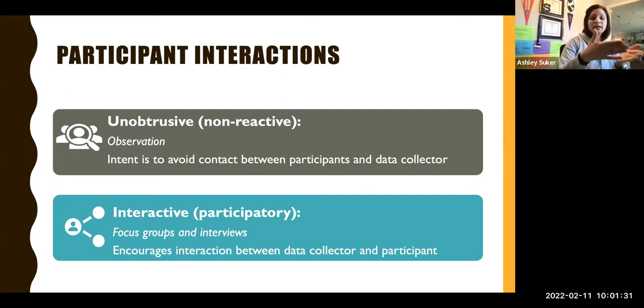The observer is seeing what's happening, but they're not participating in what's happening, and their intent is not to change what is happening or to change behavior. And then you have the interactive or participatory type of interaction. This is focus groups and interviews, where the participants are going to interact directly with the researcher or data collector.